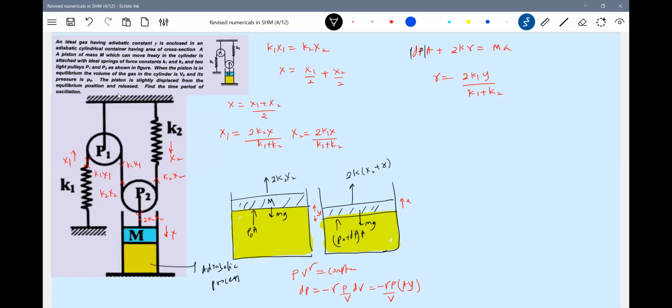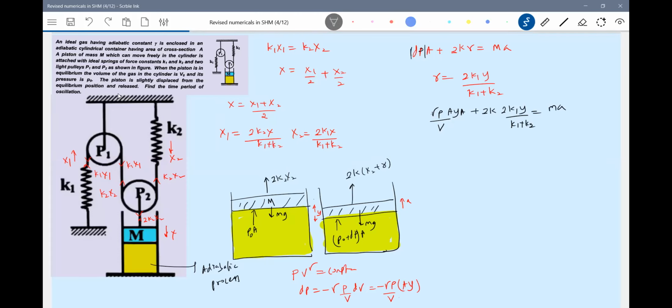So this will become gamma PV AY A plus 2K R will become 2K1Y by K1 plus K2. That is K2, sir. No, X2 value, X2 value. Here 2K2.